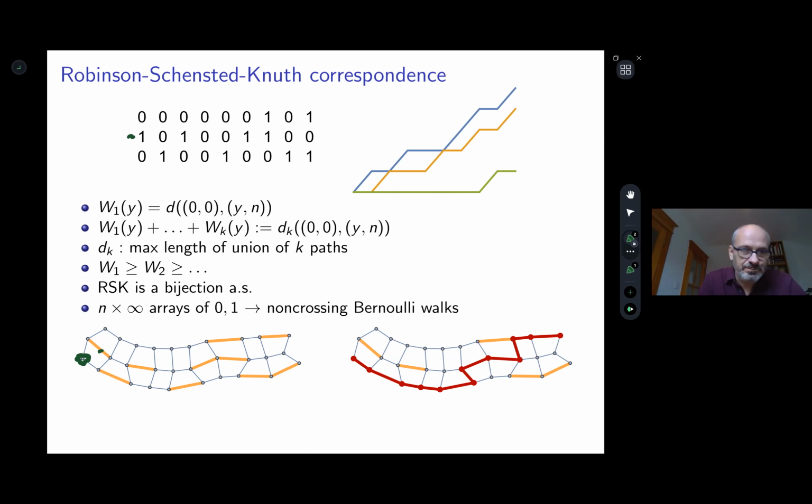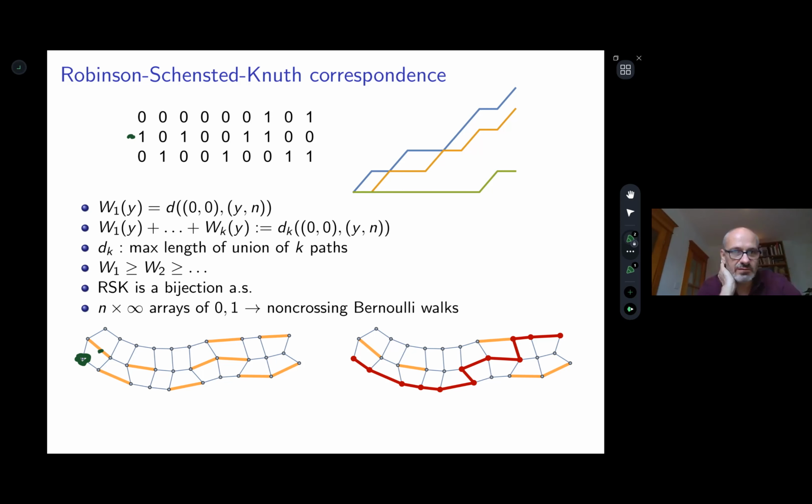And W1 is just going to be the distance to the top line. n is just the number of lines, so that's a fixed parameter, but y is a variable. And so y is going to tell you where on the top line you're going. So I think W1 is the blue line here in the top. Okay, in this picture, yeah, that's the blue line.